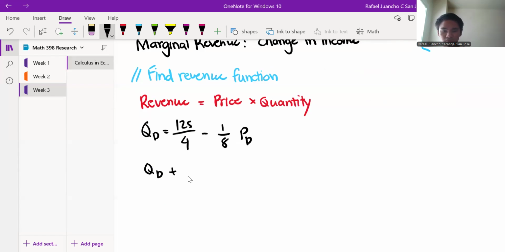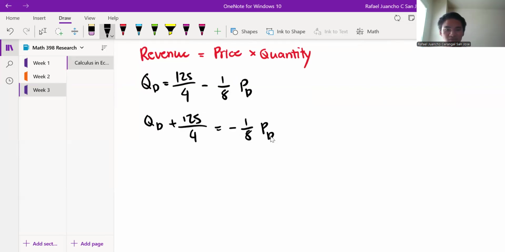QD minus 125 over 4 is negative 1/8 of PD. Then we want to multiply negative 8 to both sides.